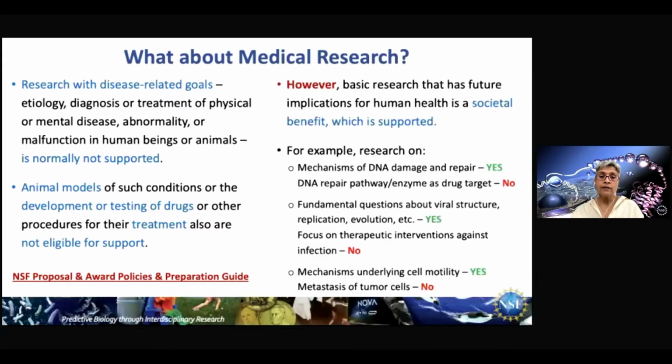That said, if your basic research project has future implications for human health, well, those outcomes are a societal benefit. And so they add value to the broader impact of your project. And so such projects can be supported by MCB and the Bio Directorate. We get this question a lot, and the answer is nuanced.